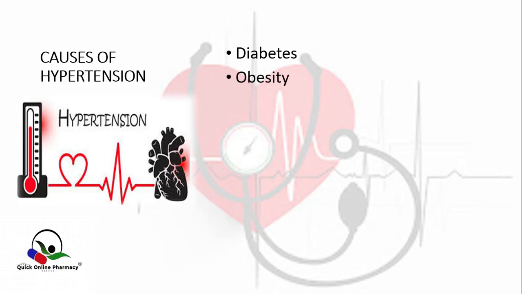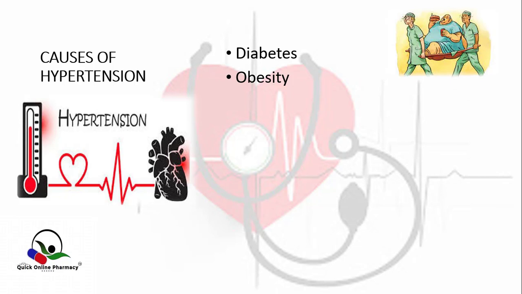And then obesity. Obesity is an abnormal size, like someone is big, beyond normal. These people are also at risk of getting what? Hypertension.